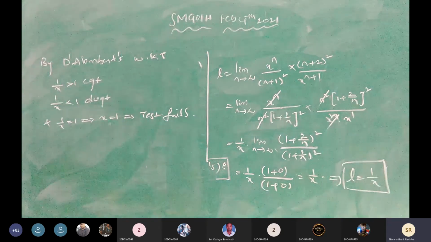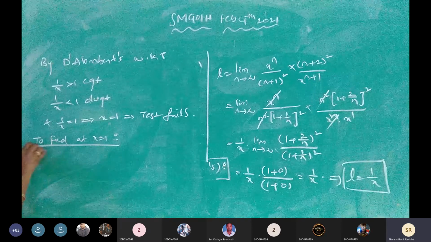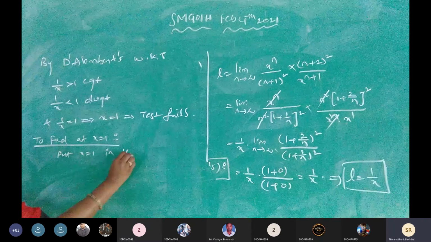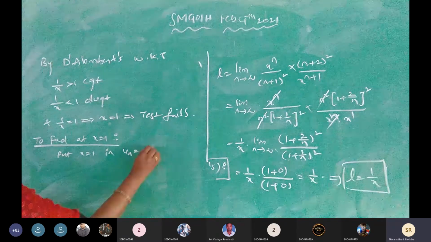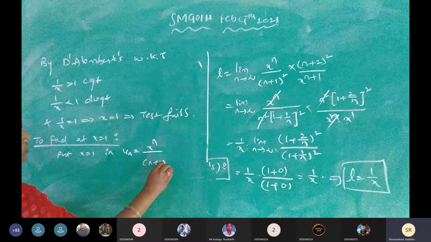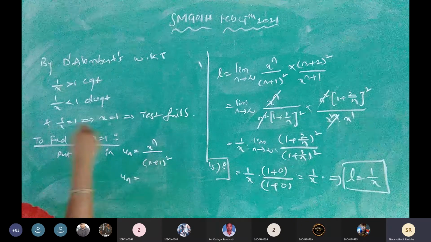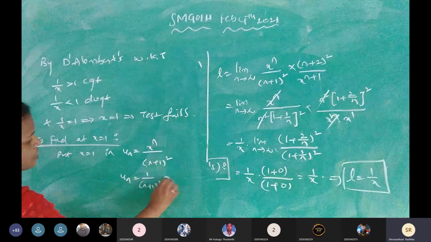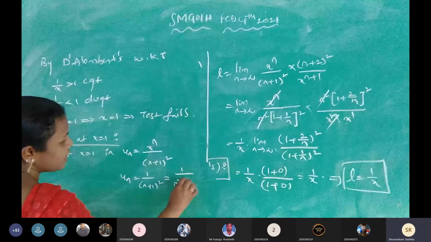Now, to find at x equals 1. Put x equals 1 in which one? un. What is un? x to the power of n by (n plus 1) whole square. It is clear? un equals 1 to the power of n is 1, by (n plus 1) whole square. So this can be written as, in the denominator, n square common, (1 plus 1 by n) whole square.